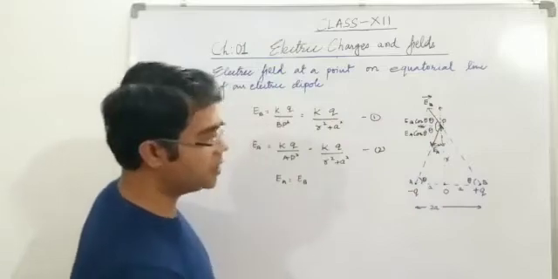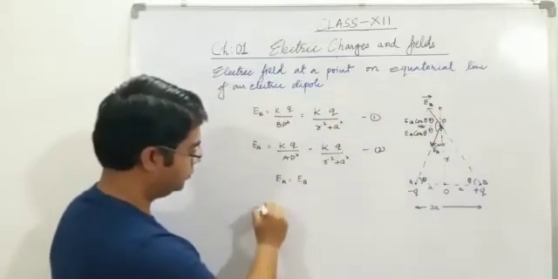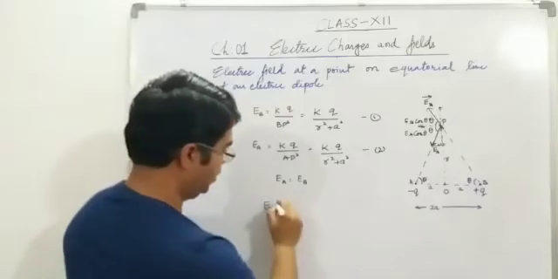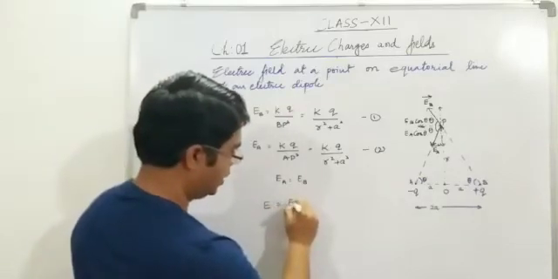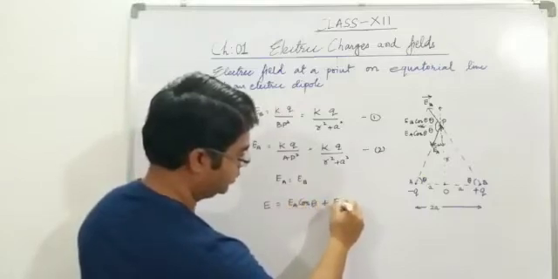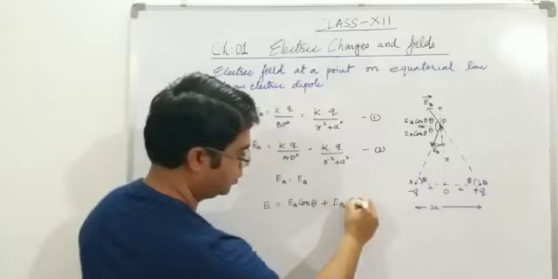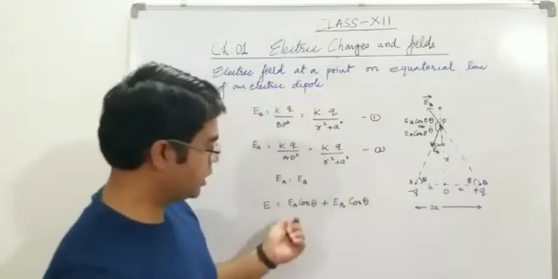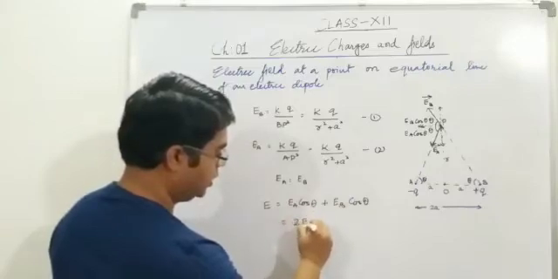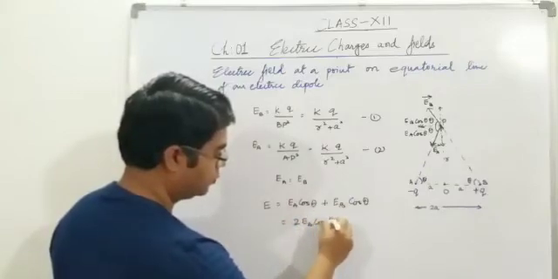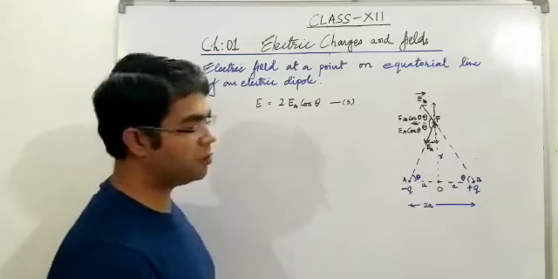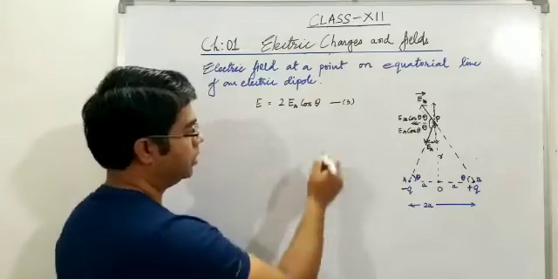The magnitude of the resultant electric field E is equal to EA cos theta plus EB cos theta. Now EA is equal to EB, so we can write E equals 2 EA cos theta. This is equation number 3.